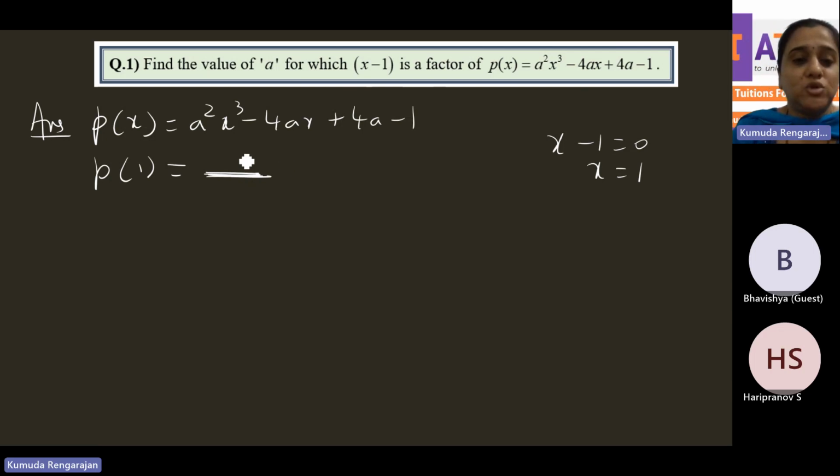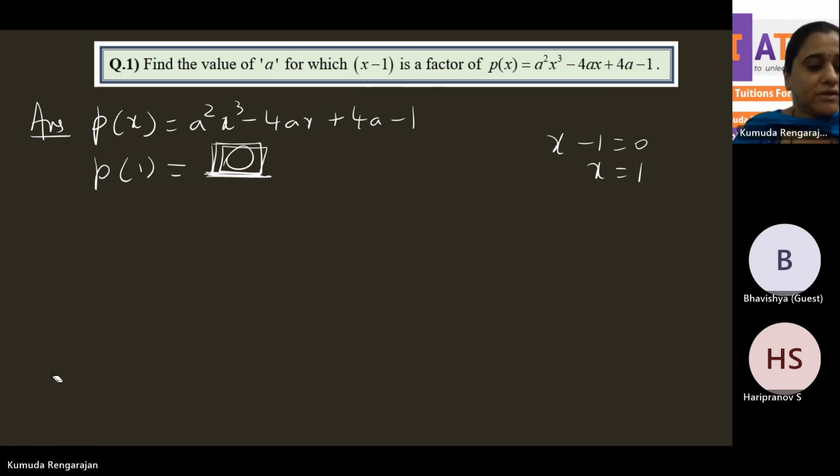The remainder should be 0. You don't have to find the remainder, because the condition is that if it should be a factor, what should be the value of A? If it should be a factor, the remainder is 0. So P of 1 is equal to 0. This place is reserved for the remainder.